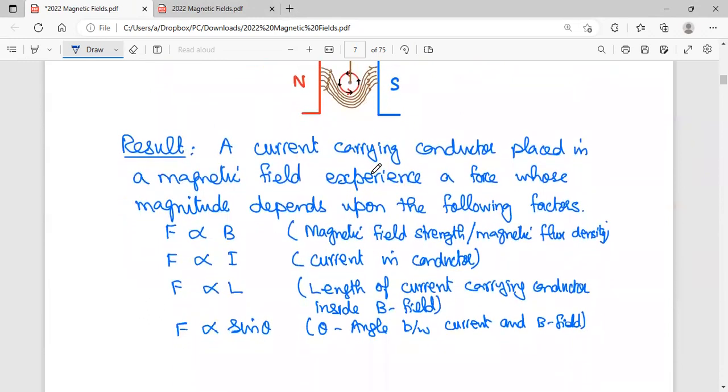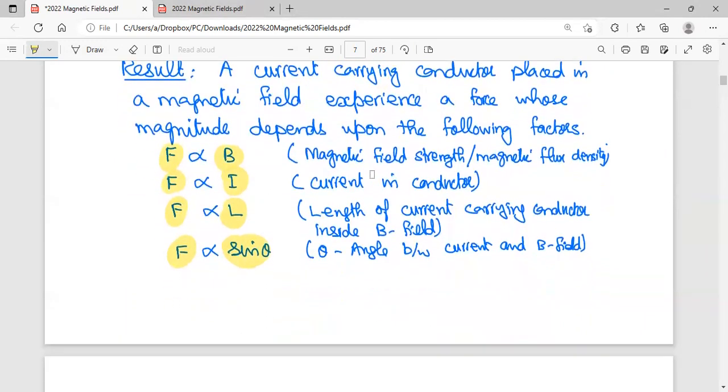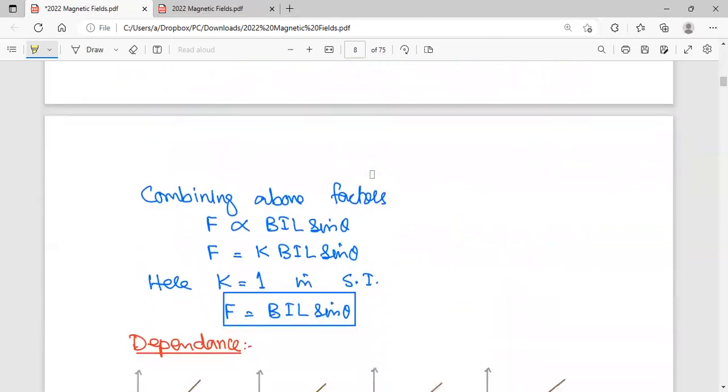The magnetic force acting on the wire is proportional to the magnetic field strength, like how strong the magnets are, to the flow of current in the wire, and to the length of the wire inside the magnetic field. And the most important factor is the angle between them. Combining all these factors, we get force equals BIL sine theta.